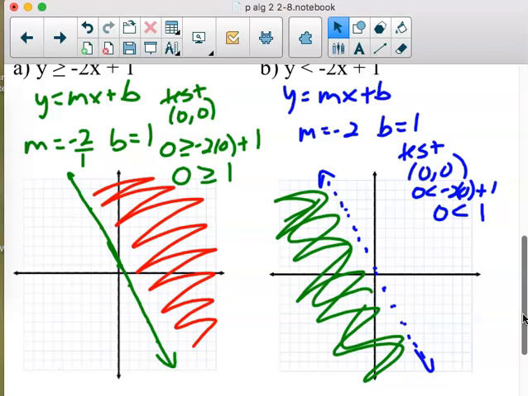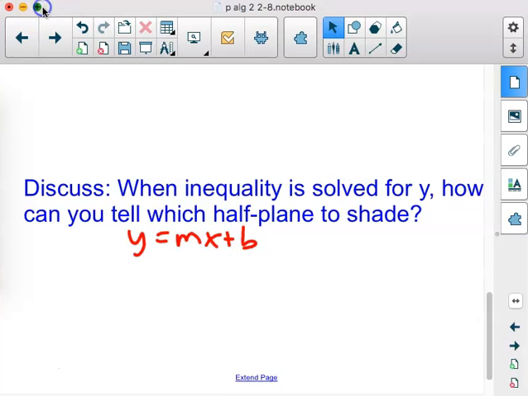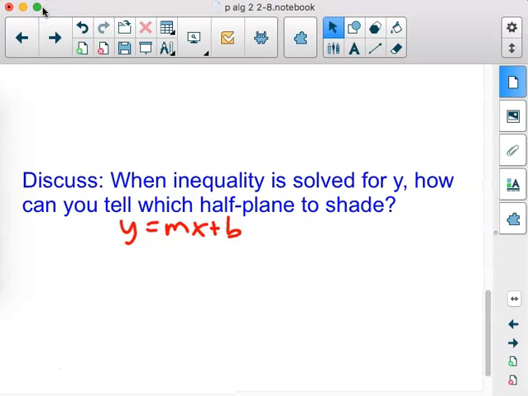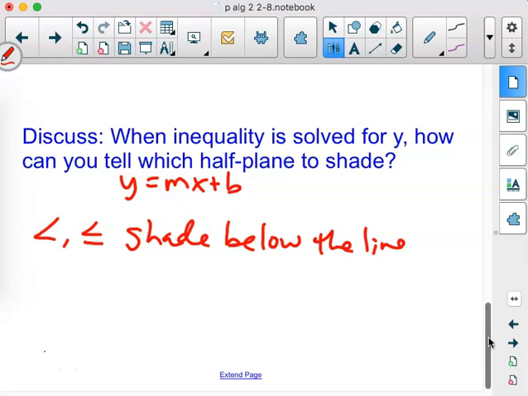Right. But again, that's not the best way to test. The best way to do this is to test a point. They are showing us a shortcut. That's what they're talking about here. Shortcuts are never a good idea. I mean, you know that. You always run into a situation where it doesn't work. But less than or equal to, shade below the line. Greater than or equal to, shade, or sorry, did I just do that reverse?